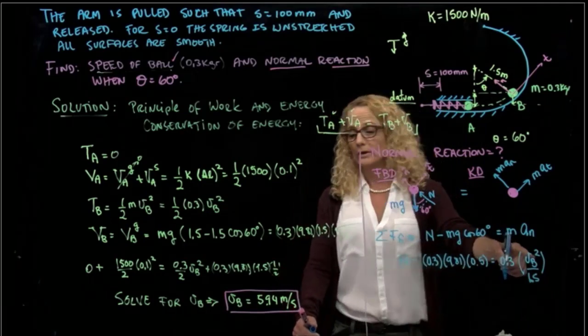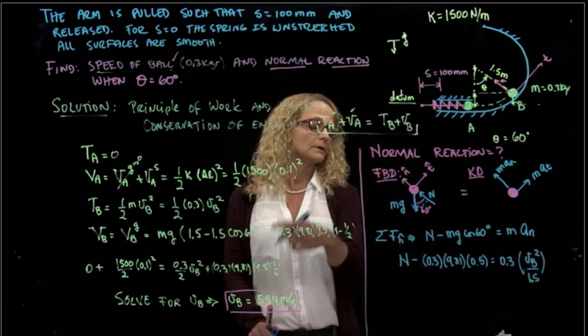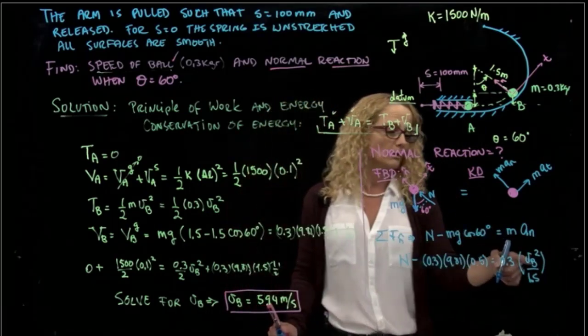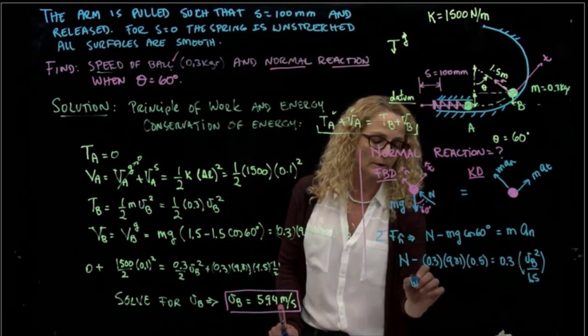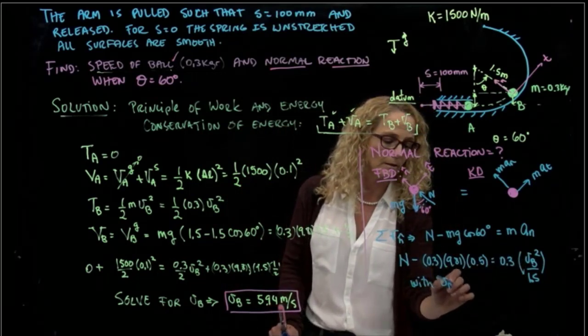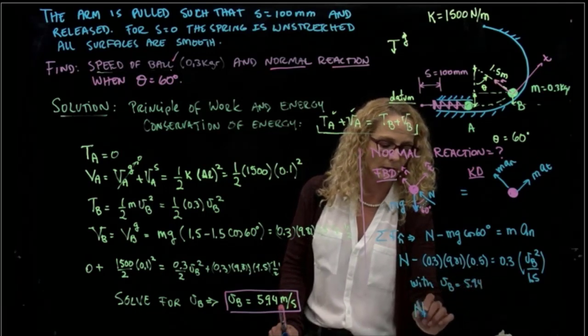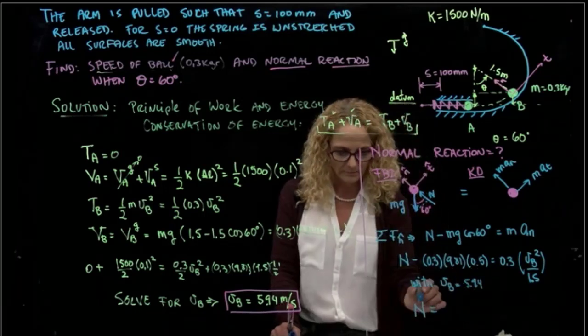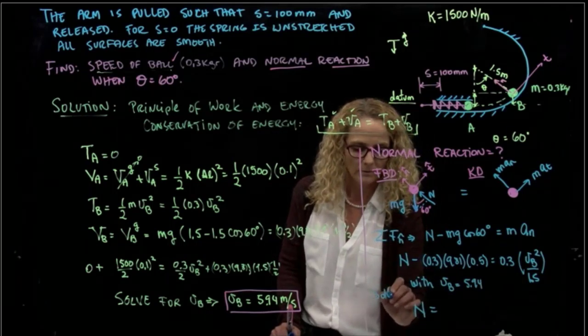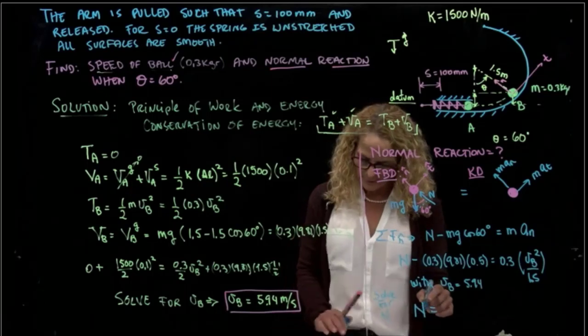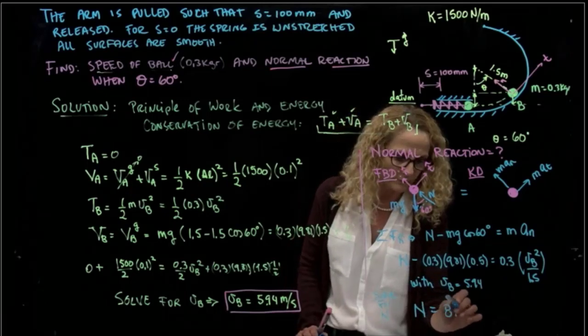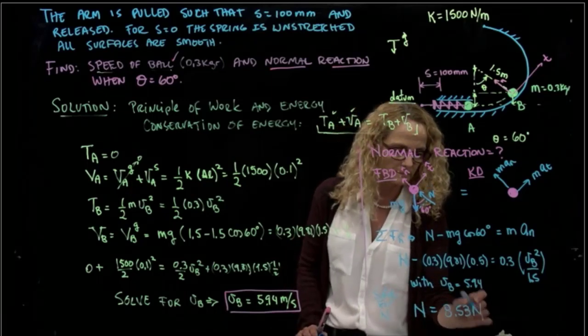As you see, the velocity v we already have. We plug in v equals 5.94 over here, and I can solve for N. N is equal to 8.53 newtons.